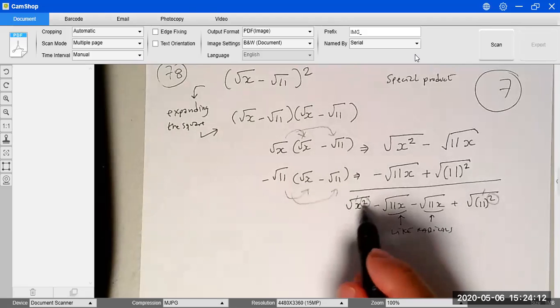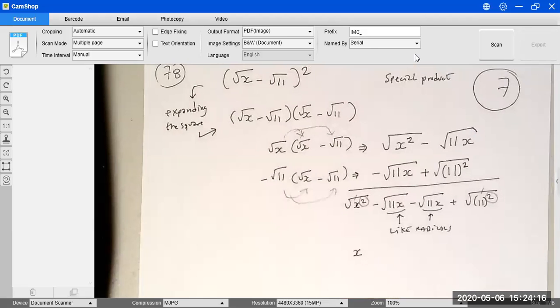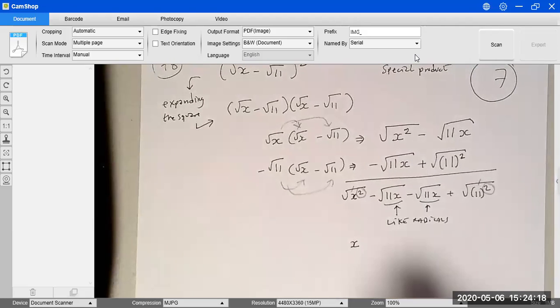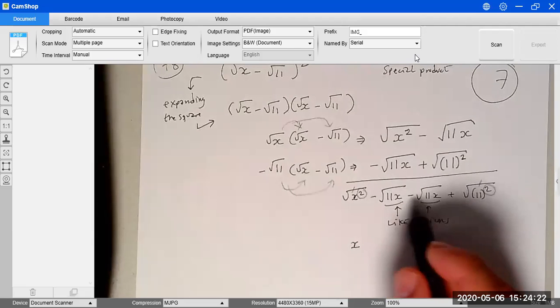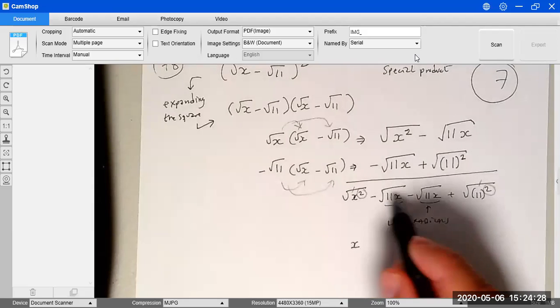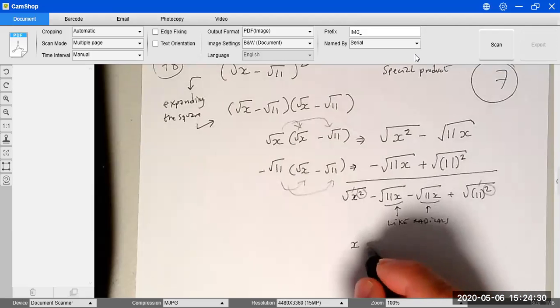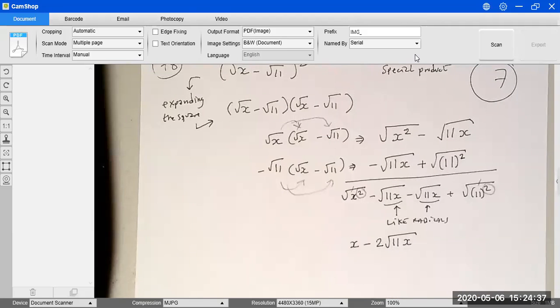From the first radical, I'm going to get only x. That's what we obtain after removing the exponent and the radical. From these two like radicals, I'm combining two radicals that are negative, so it's going to be -1, -1 the coefficient, so it's going to be -2, then the radical, 11x.